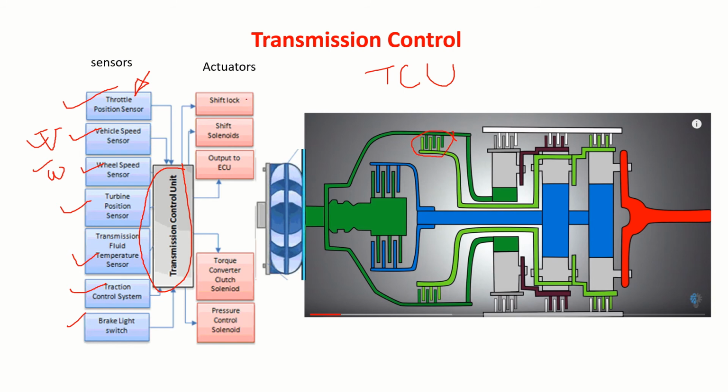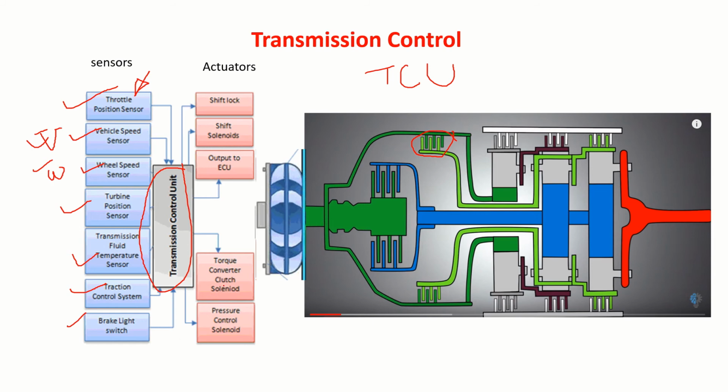They decide which clutch has to be released and which has to be locked. The ECU sends a signal, and accordingly the hydraulic power system supplies pressurized oil to the brake system to apply or release the clutch.